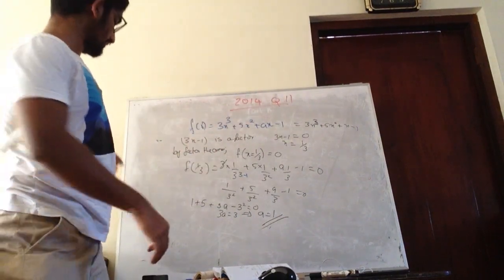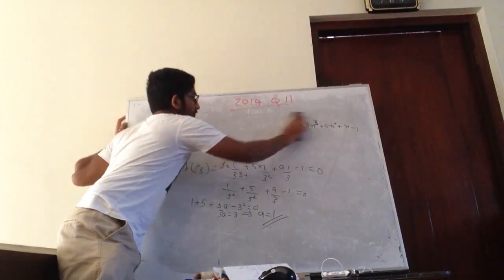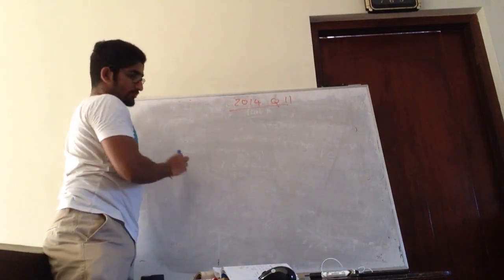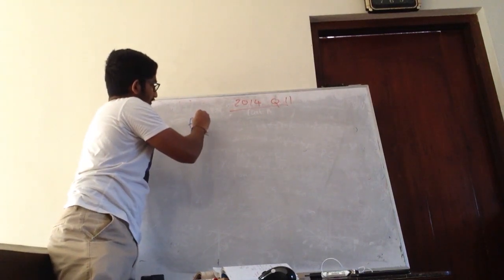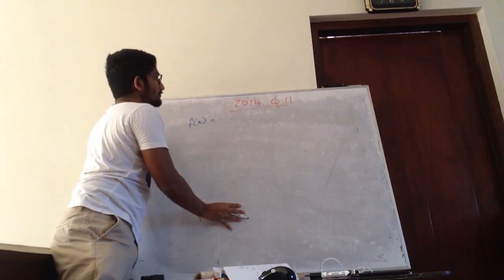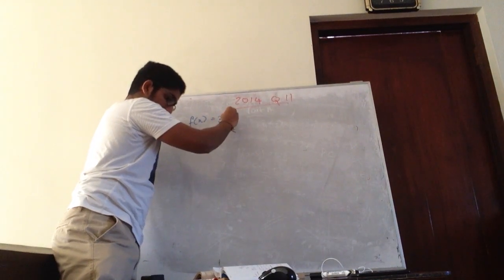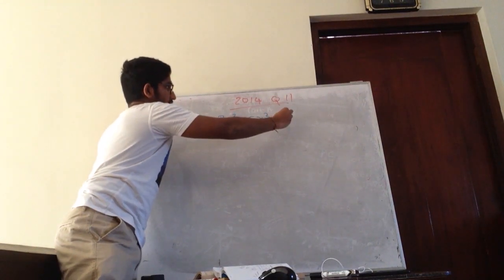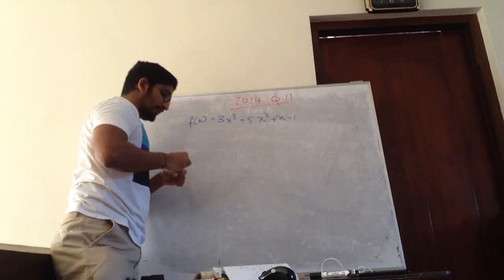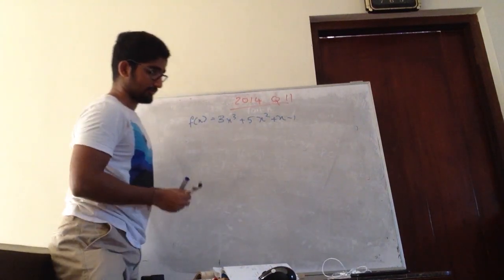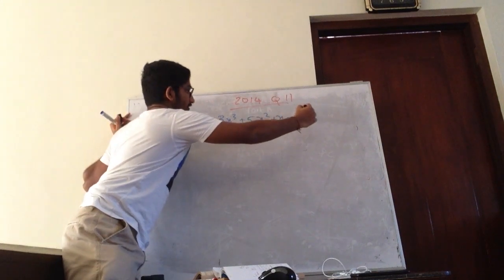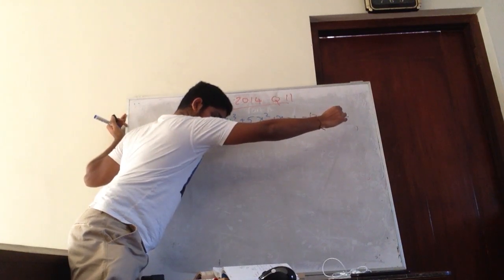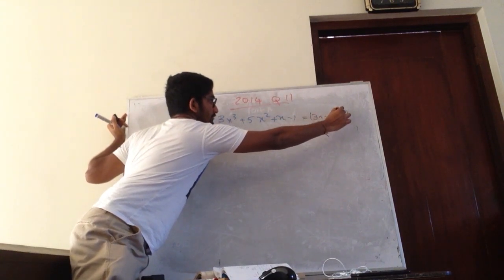Right, so now we came up here. So now f(x) is what? 3x cubed plus 5x squared plus x minus 1. And we know that this is a factor, so this is equal to 3x minus 1 times some g(x).